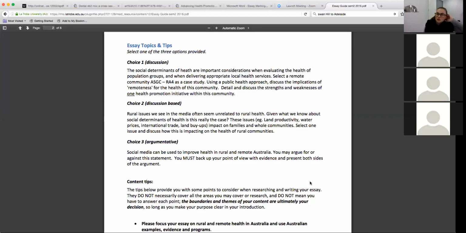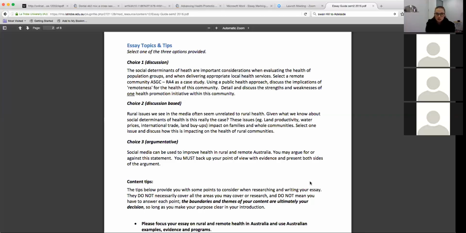And then you need to talk about the implications of remoteness. So what social determinants of health are going on in this remote community that are unique to this remote community, and how does that impact on health? So if we found community X has high rates of cardiovascular disease, why is that the case?